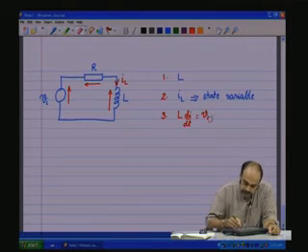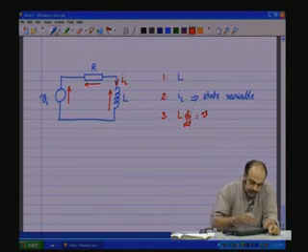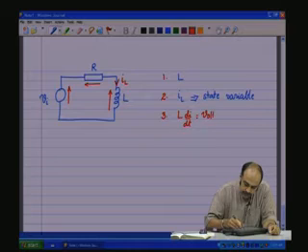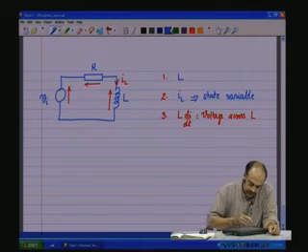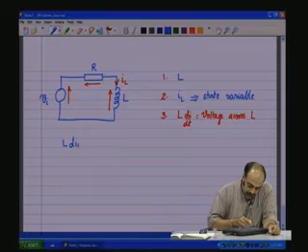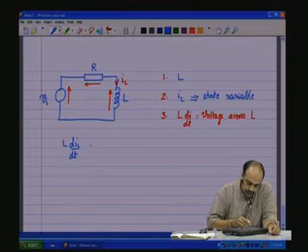I will mention it as voltage across L. So, applying this third condition, we have L dIL by dt equals.